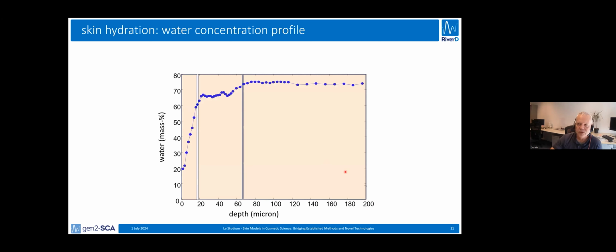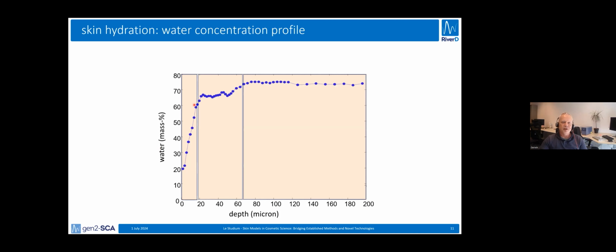And that gives us results such as here, which is a water concentration profile going from the skin surface into the skin. And we see that typically looks like this. At the skin surface, you have a water concentration of usually between 20 and 30%. Then it goes steeply up through the stratum corneum.